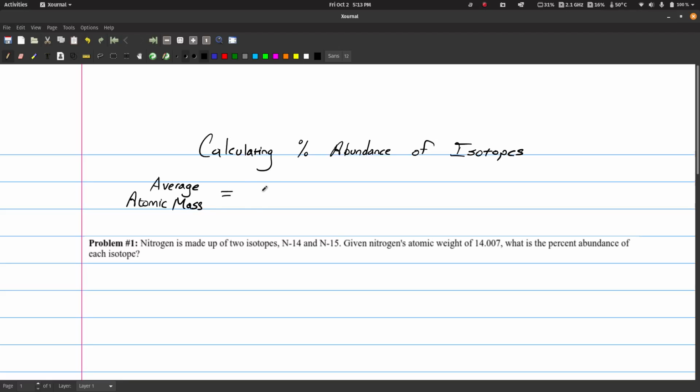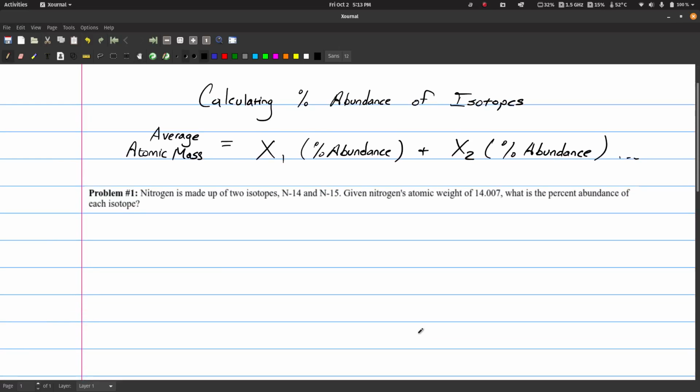So the way this is calculated is you have average atomic mass equals whatever this element is, first isotope, times the percent abundance, which is how often it is found in nature or in the universe, plus element isotope 2 times percent abundance, and so on. It can keep going. It just depends on how many isotopes there are. Not too much to it.